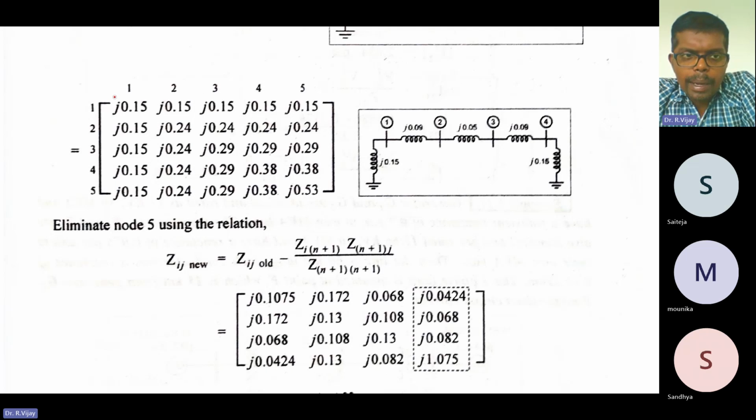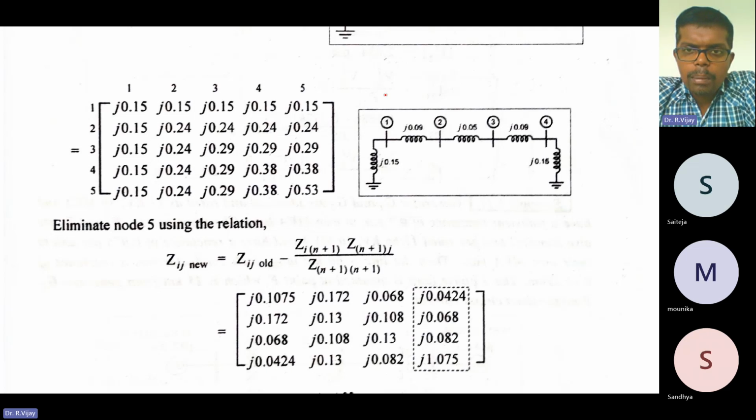So again, I am explaining: you just take out this 4 cross 4 matrix, minus 1 divided by this value, that is j into 0.53, and into this column matrix.